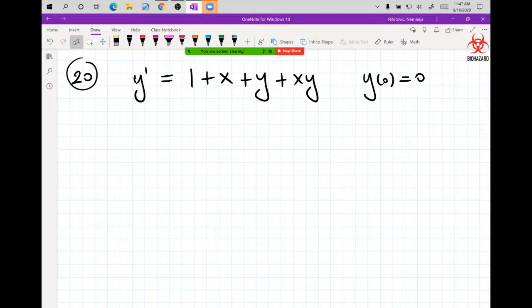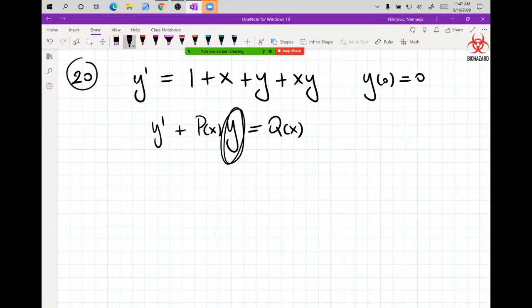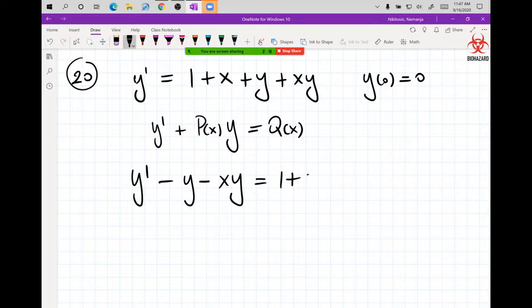So the first part is putting it in the form y prime plus p of x y equals q of x. So we immediately see that because of this y here, these two terms have to go. And we have y prime minus y minus xy equal to 1 plus x.